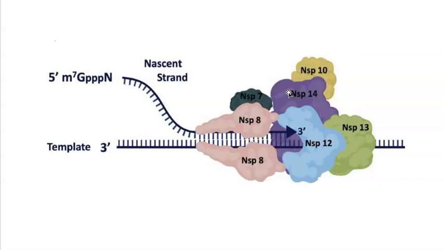But still, SARS-CoV-2 makes a lot of mistakes. NSP10 adds this cap so that the nascent strand, when it's finally done, can be translated into proteins. It makes it basically look like human messenger RNA, and therefore it can be translated into proteins, in this case virus proteins.